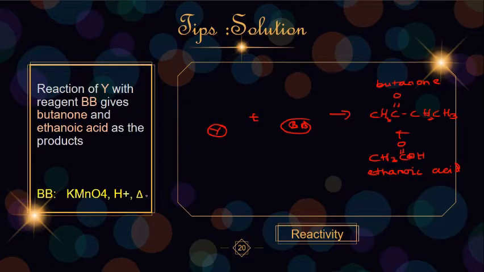So the reagent BB is a strong oxidizing agent, which is KMnO4, H+, and heating. This is actually BB. So what does the alkene give? For the oxidation reaction, the double bond will break.